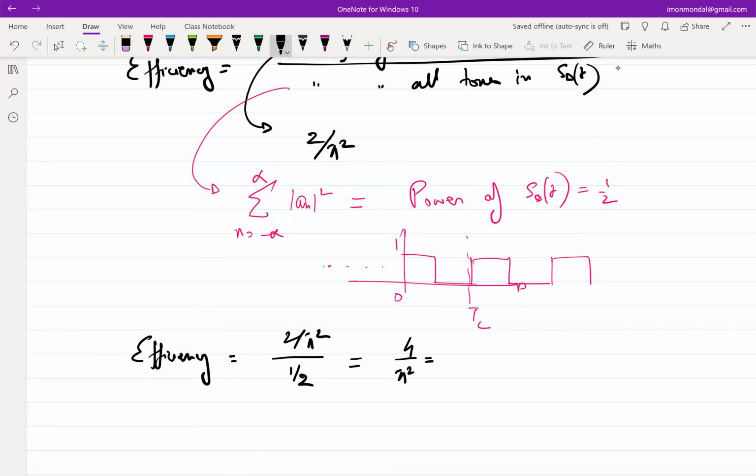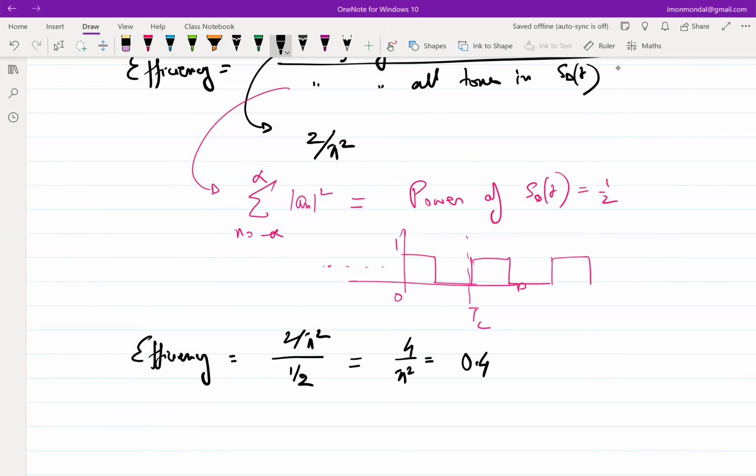Which is approximately 40%, 0.4. Pi squared is about 10, which is not bad, right? So at least in the previous example that we did, more than 50% of the power was taken away by probably the bias current, and some part was taken away by the linear term. Here it looks like we are getting much better than that, right?